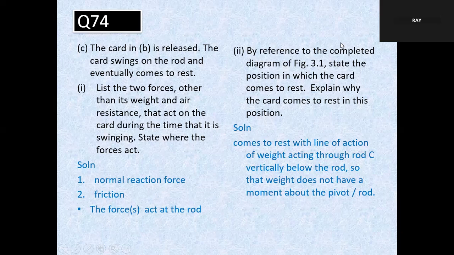By reference to completed diagram 3.1, state the position at which the card comes to rest. Explain why the card comes to rest in this position. It comes to rest with the line of action of the weight acting through C vertically below the rod, so that the weight does not have a moment about the pivot or rod.